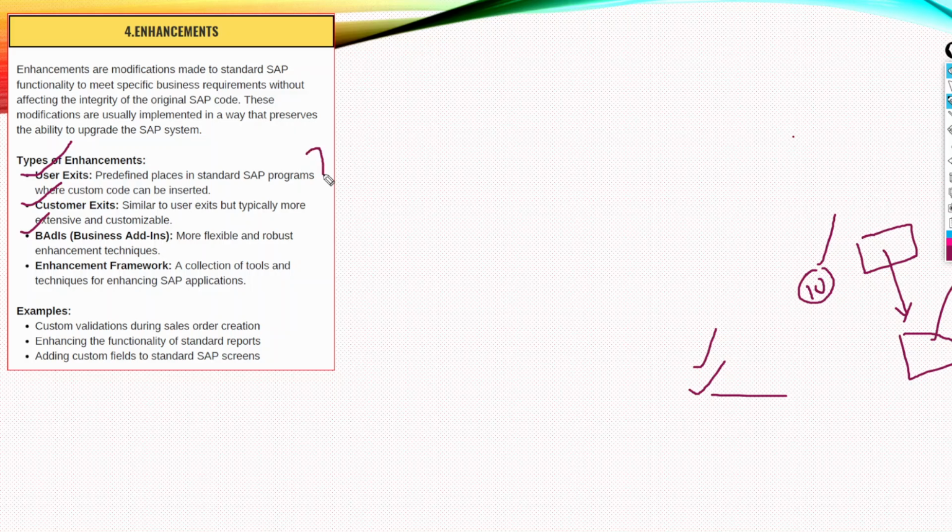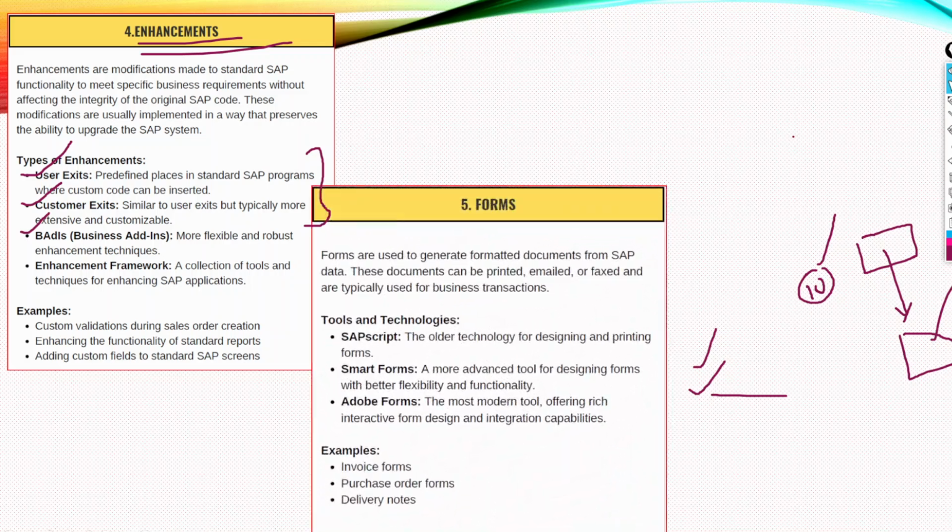As I said, these three are grouped together and they fall under enhancements. And we have seen forms, there are different types of forms. Script forms are the oldest ones and Adobe forms are the latest ones. This is more technical, but yes, you should have an understanding about what are the different output types we have and where we assign the program form name and program name.